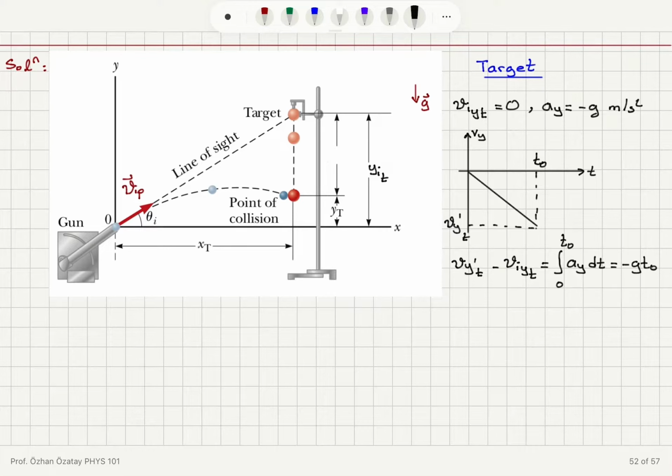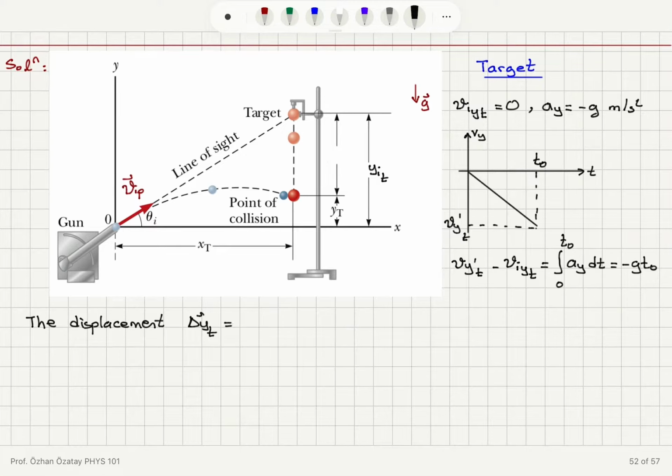So it's going to reach a velocity of minus g times t0 at the end of the flight. Now, if I look at the displacement on the y-axis, it is delta y of the target.